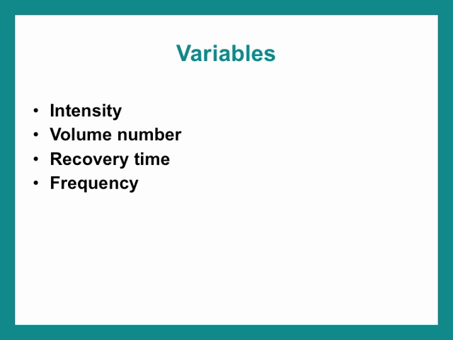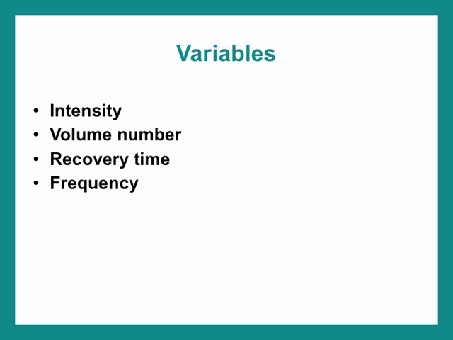Another variable that can be addressed when somebody's doing plyometrics and we need to make it more complex or more challenging is to change the volume. And this is really where we start to say, is this a high level or a low level plyometric session? So we're going to count the number of foot contacts per session. We actually do count how many times the lower extremity, the foot, hits the ground.